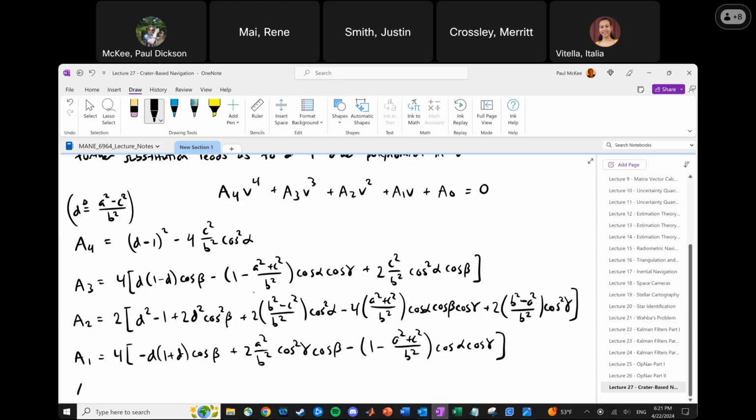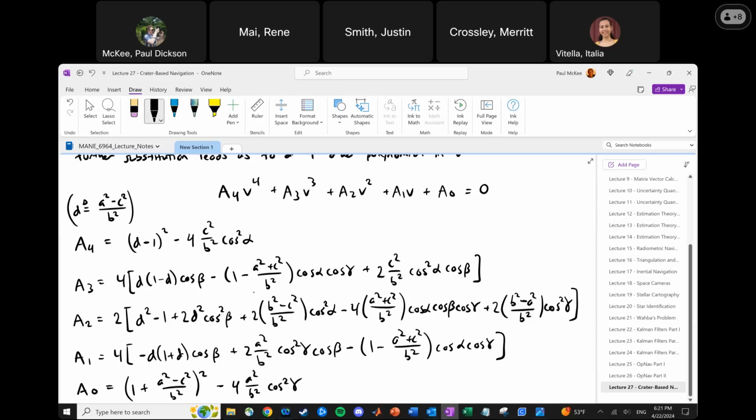And final push, A naught is 1 plus a squared minus c squared over b squared, squared, minus 4 a squared over b squared cosine squared gamma.